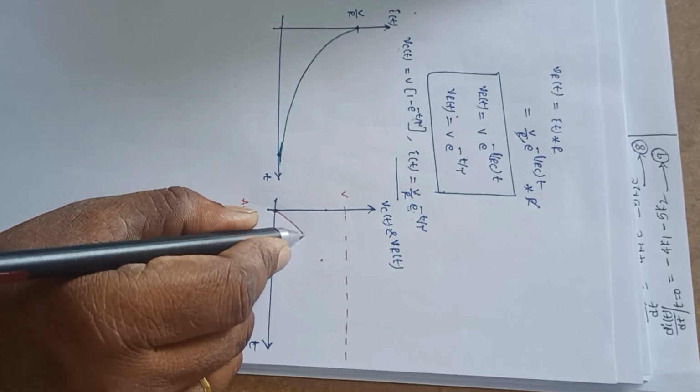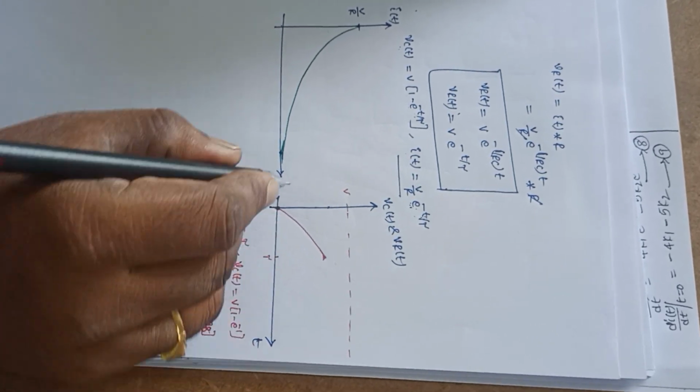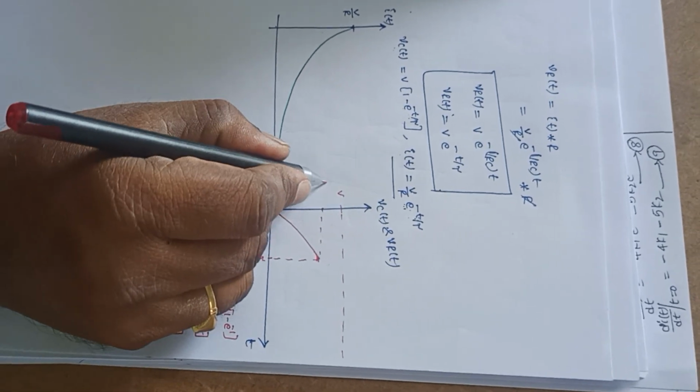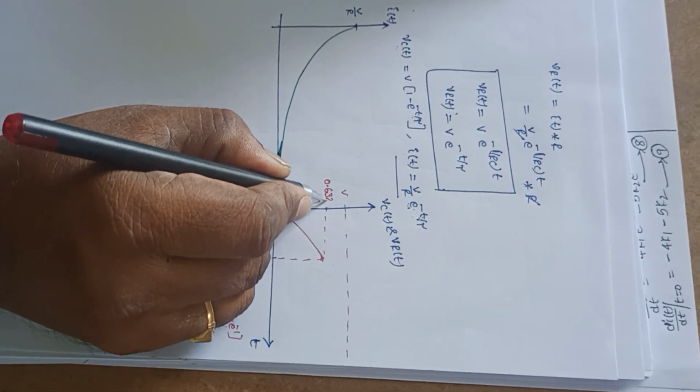So it touches this line like this. At this point it is 0.632.